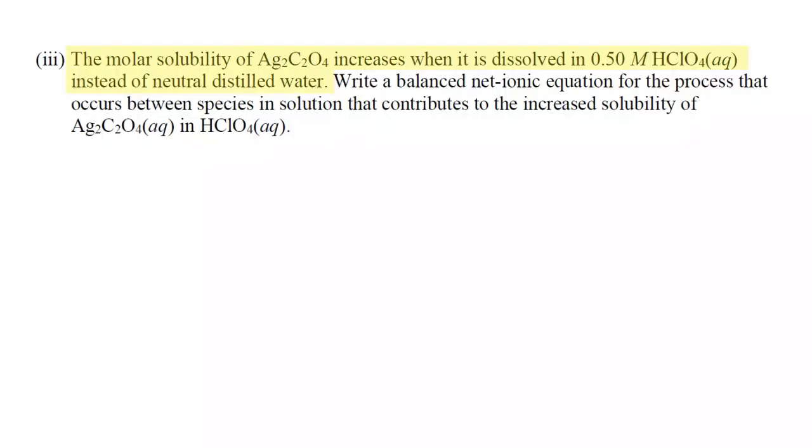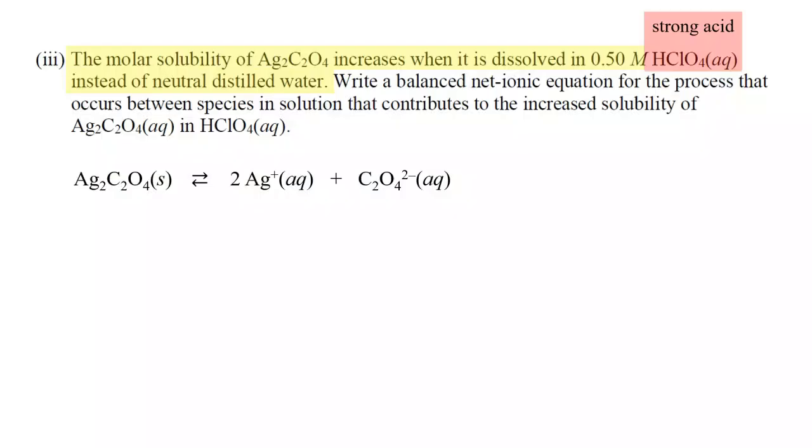So perchloric acid is one of the 6 strong acids that you should memorize for the AP Chemistry exam. So it's more soluble in the presence of a strong acid. Write the balanced net ionic equation for the process that occurs between species in solution that contributes to the increased solubility of silver oxalate in this strong acid, perchloric acid.